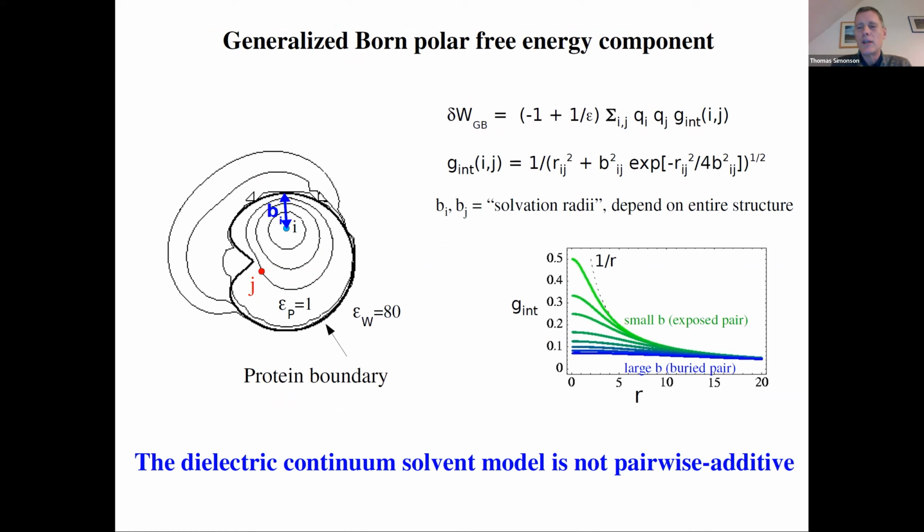This lookup strategy, in principle, doesn't actually work with a continuum solvent, including a generalized Born solvent. The GB interaction between atoms takes the form that's shown here, where we have this interaction function between atoms I and J. It depends on their separation, but it's also parameterized by so-called solvation radii, these B values, which measure the depth of each atom.